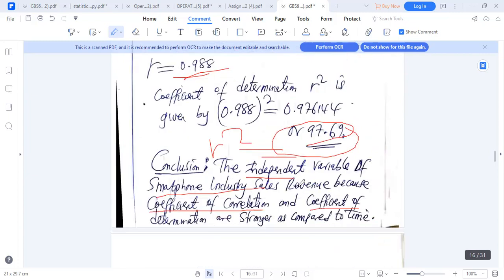So the conclusion is that the O industry sales revenue is the independent variable to use, because the correlation coefficient is higher, which is 0.98, and the coefficient of determination is also higher, which is 97.6. So this is what happened.